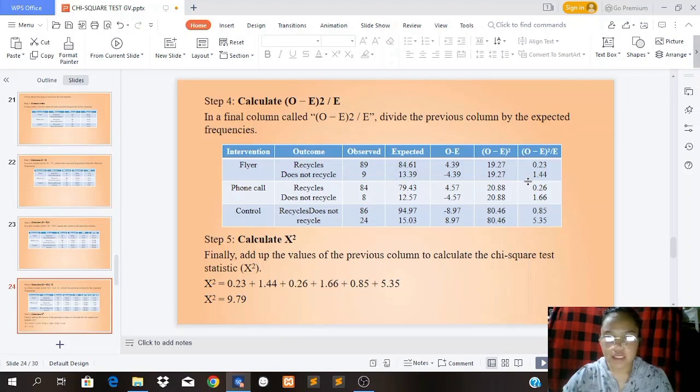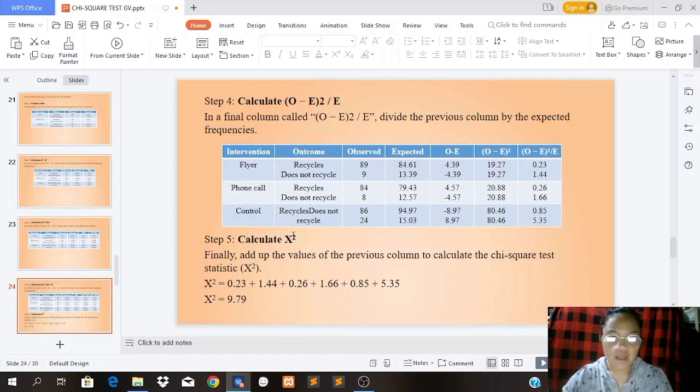So we divide the O minus E squared by the expected frequency. 19.27 divided by 84.61 equals 0.23. 19.27 divided by 13.39 equals 1.44. 20.88 divided by 79.43 equals 0.26. 20.88 divided by 12.57 equals 1.66. 80.46 divided by 94.97 equals 0.85. 80.46 divided by 15.03 equals 5.35.